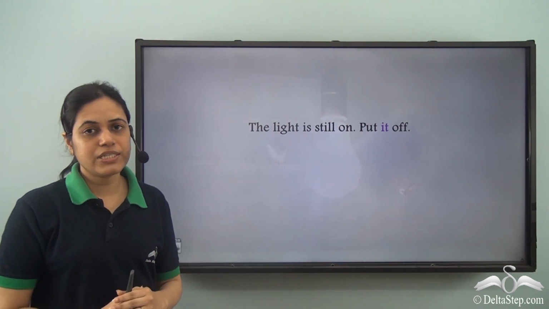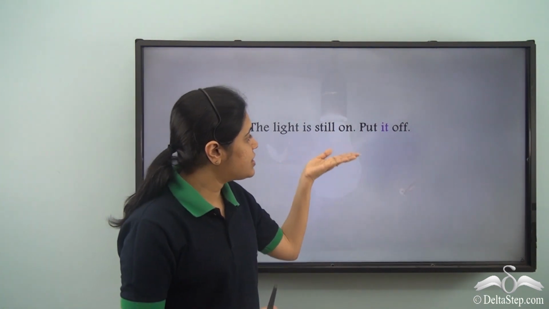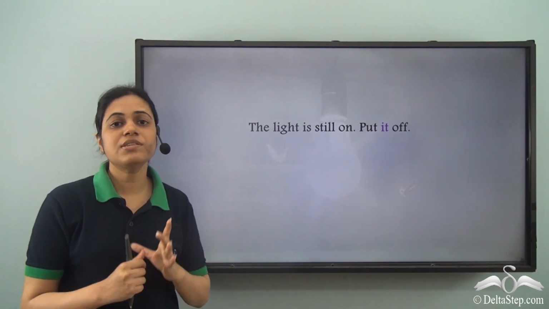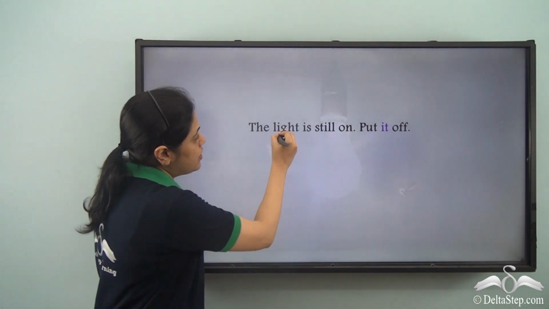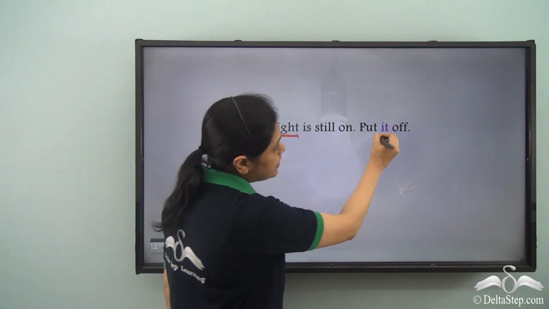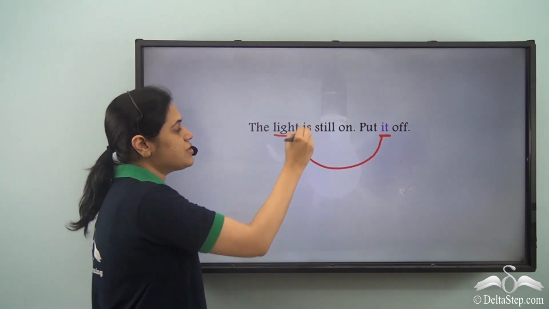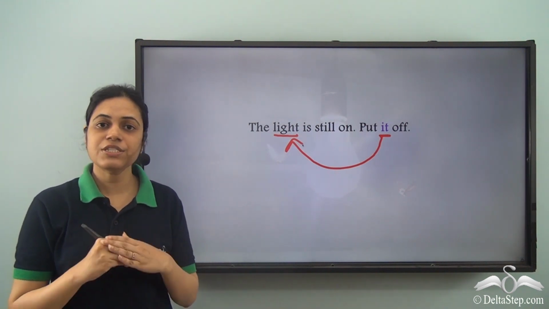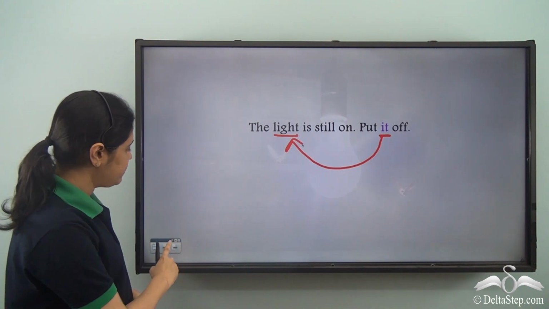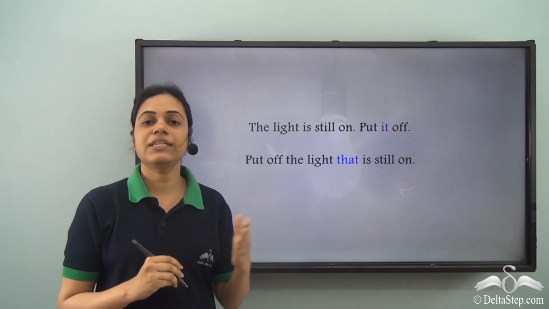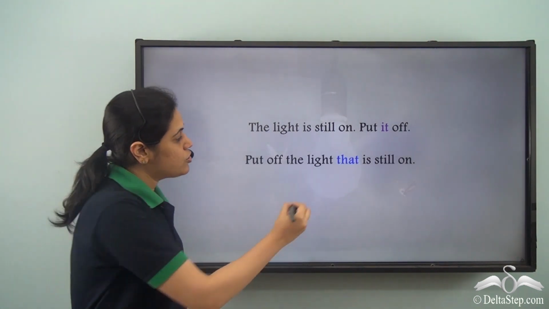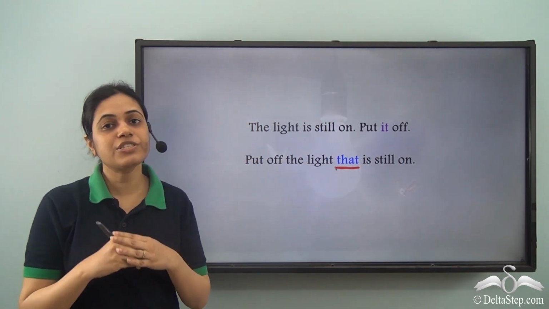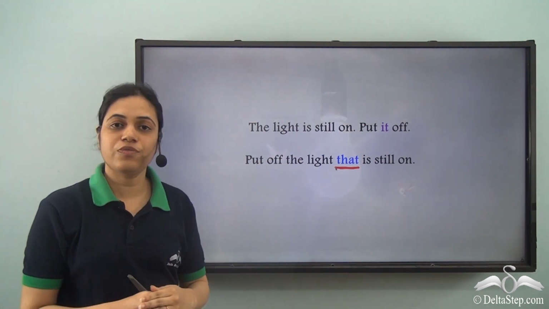Now look at these two sentences. The light is still on, put it off. Once again, what is being repeated? The light, and this it also refers to light. How can I join these two sentences using a relative pronoun? Put off the light, that is still on. So that is another relative pronoun that is used for light over here.